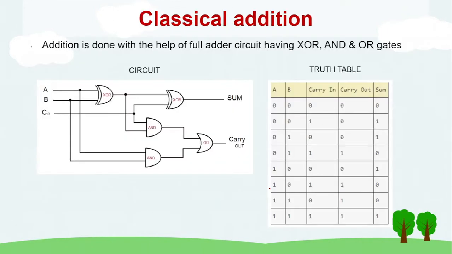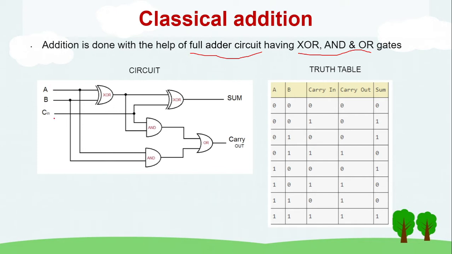Before going to quantum addition, let's see how classical addition is done. Again, we'll have a quick recap. I'm sure you are all familiar. It's done with a full adder circuit with XOR and OR gates, as you can see here. Let's say we have three bits.